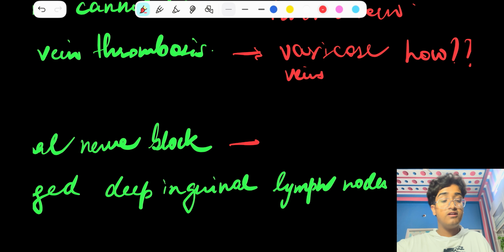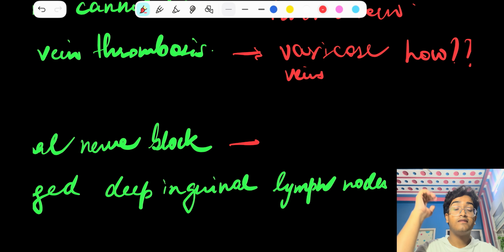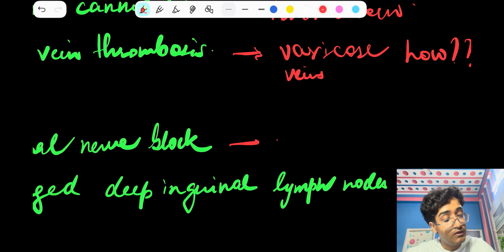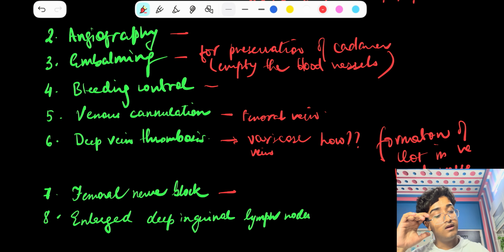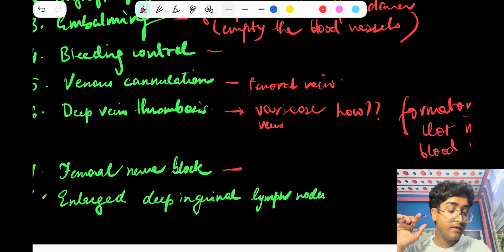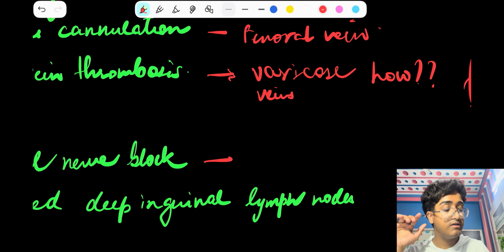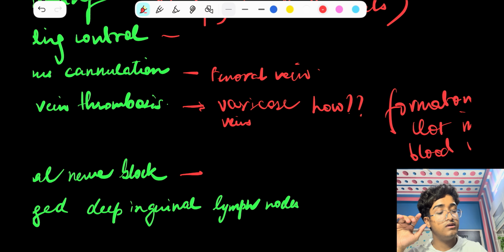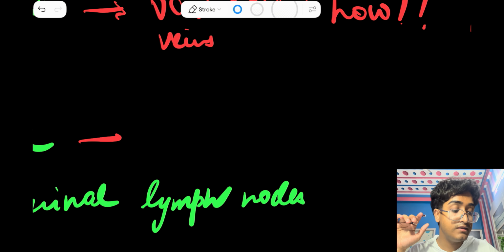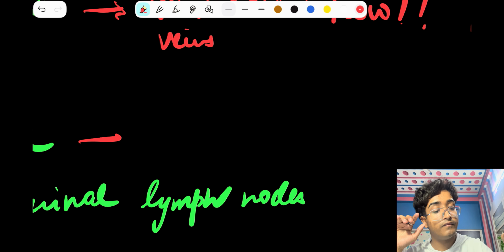What do you mean by femoral nerve block? It is given during anesthesia. During any surgery related to the anterior aspect of the thigh, the anesthesiologist gives the anesthesia and blocks the femoral nerve so that sensations from the anterior aspect of the thigh are gone.